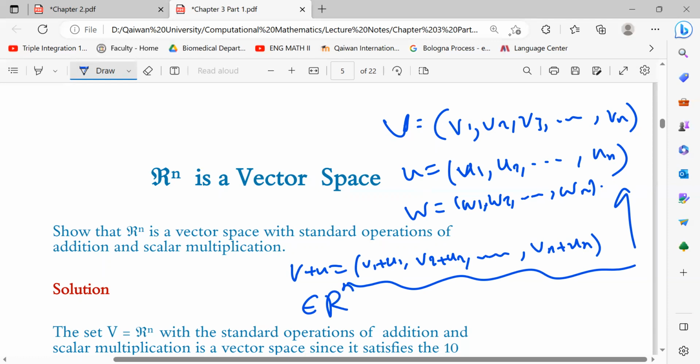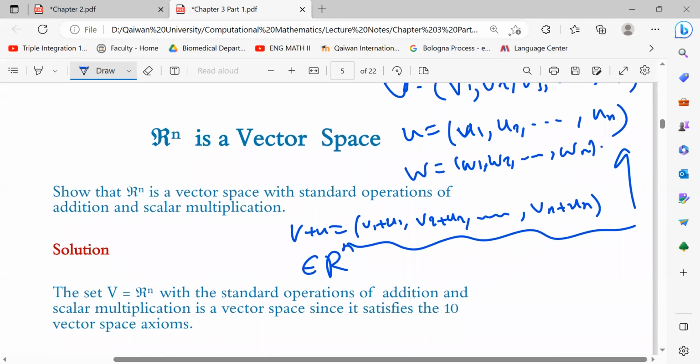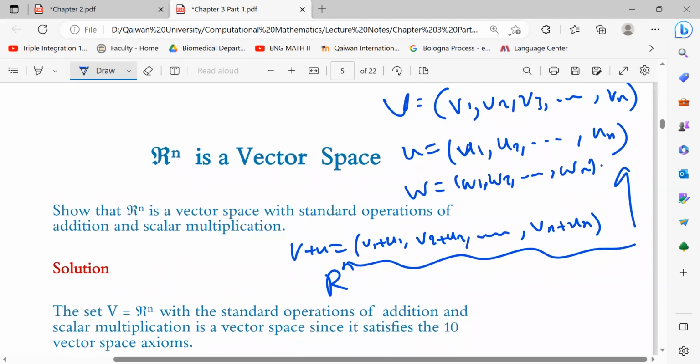That's the first condition. The second condition, we say u plus v must equal v plus u. I'm working on the same. This u plus v, can you say it equals to? Can you commute these two? Yes, they're real numbers. u1 is a real number and v1 is a real number.